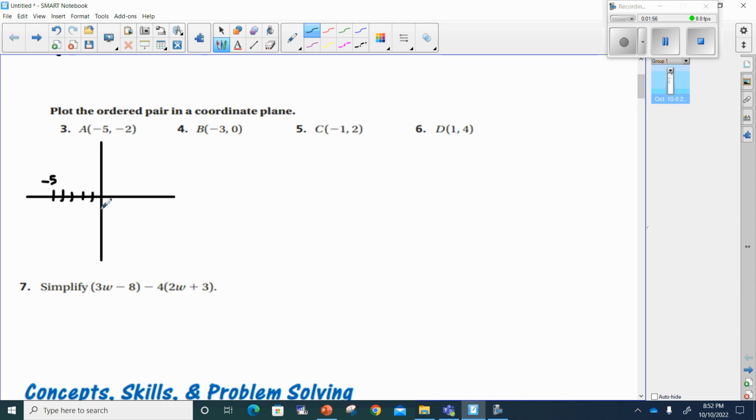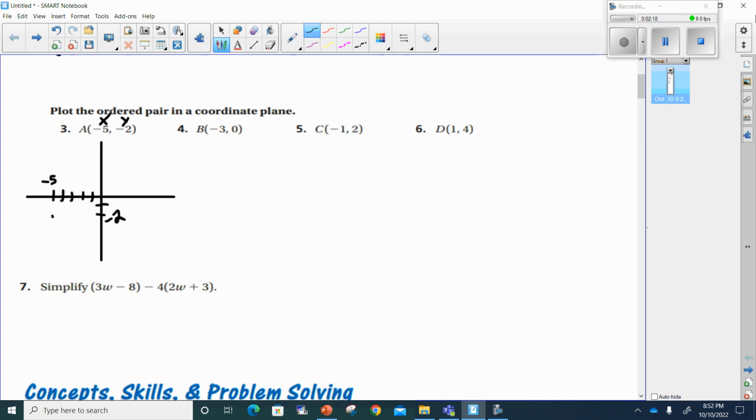And then I'm going to go down 2. And that's going to put me right over here. All right, so understand that this is always x and this is always my y-axis, right? Helps me figure out what to do here.